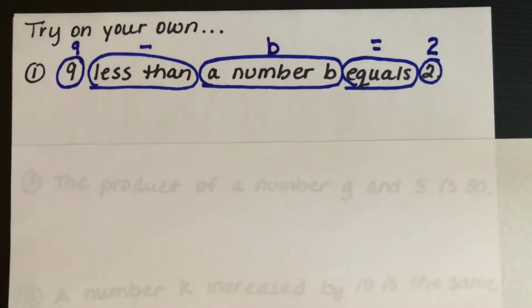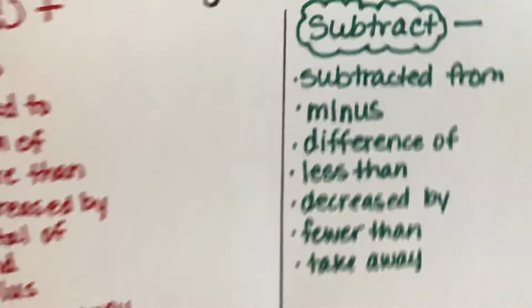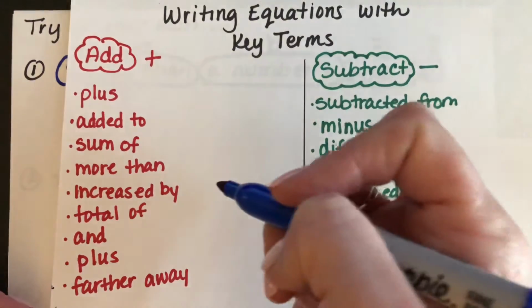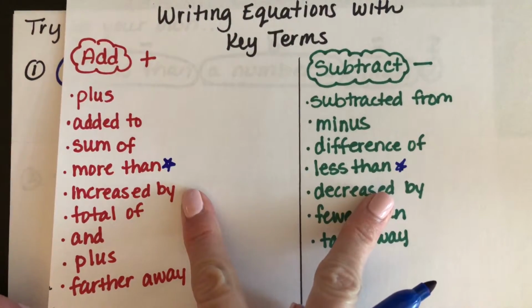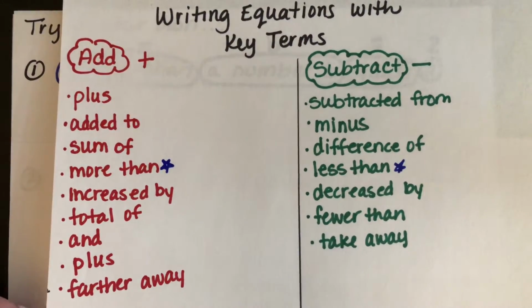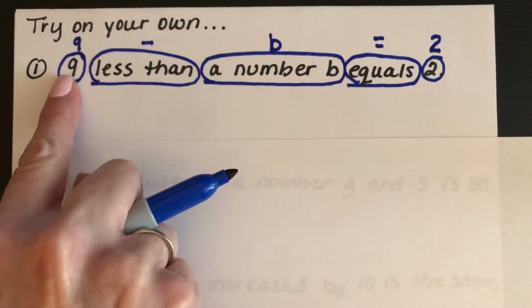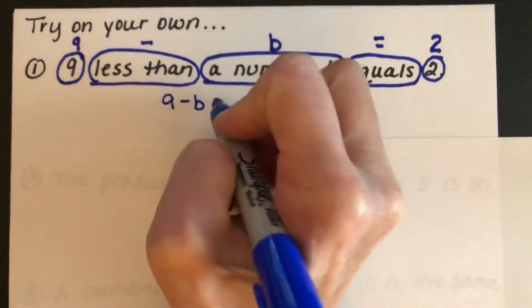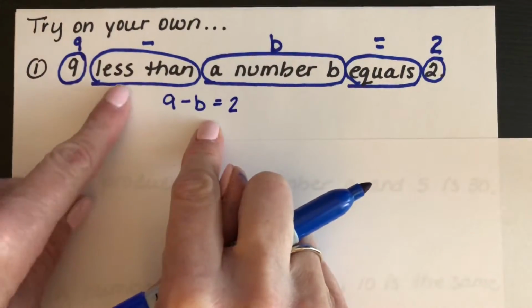Now, the tricky thing with less than and more than, you have to flip the two numbers, or the number and the variable. So normally we would say, okay, it's 9 minus b equals 2. But that's not what the sentence says.